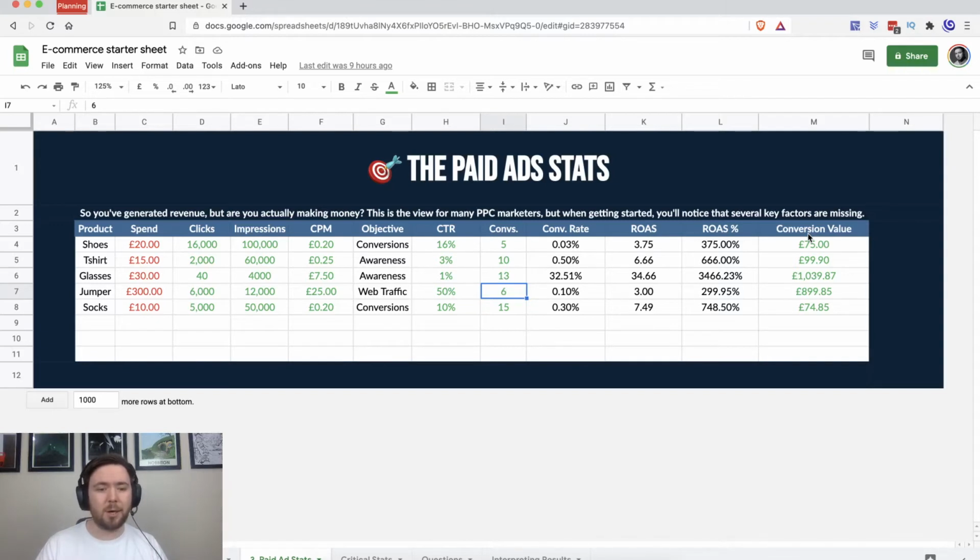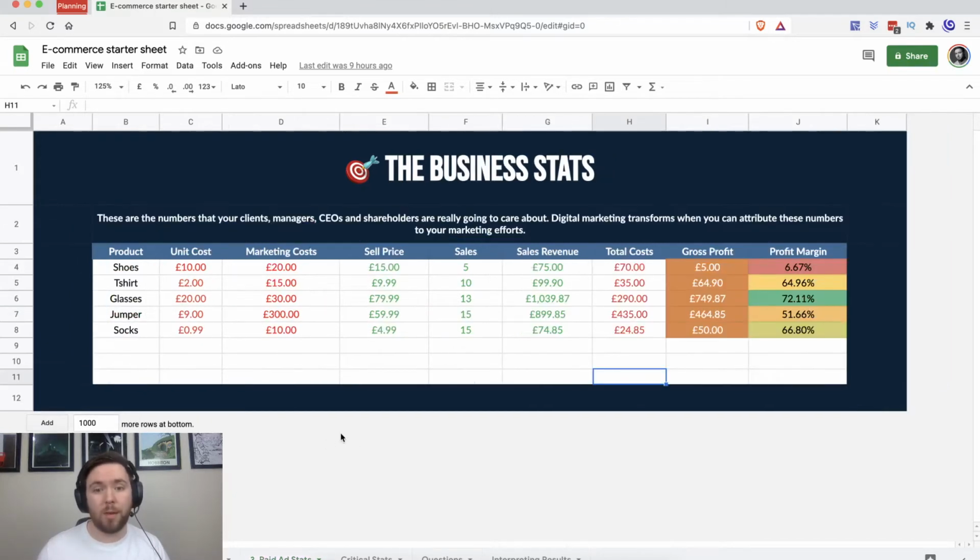And again, this goes back to the importance and the value of knowing those first numbers. So being able to know from day one your average shoe cost. What is your expected profit margin? What is your profit margin on your glasses? Now, presumably they will have, let's say, glasses will have 0 marketing spend.